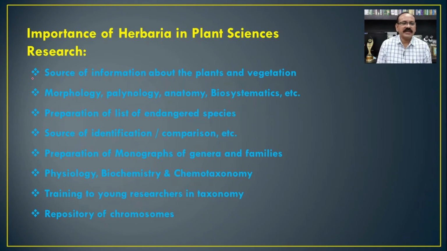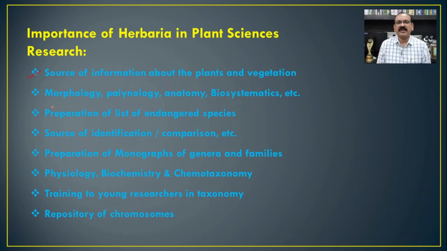The first one is the source of information about plants and vegetation. Whenever anyone is working on the flora of a nation or of a particular state or region, it is not possible for one person to search every plant of that nation or state.